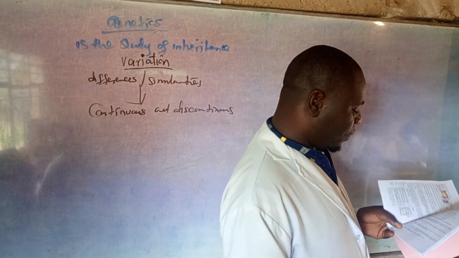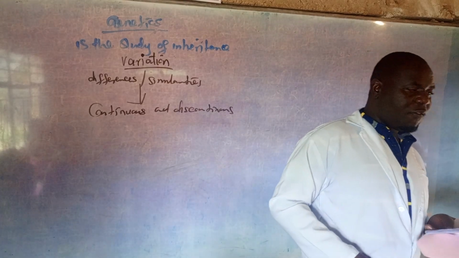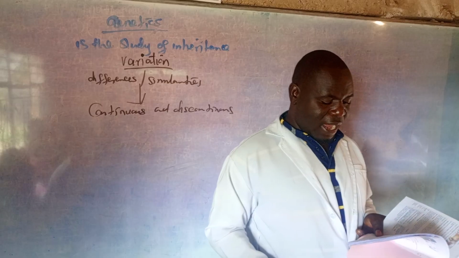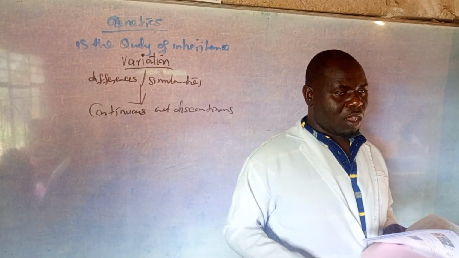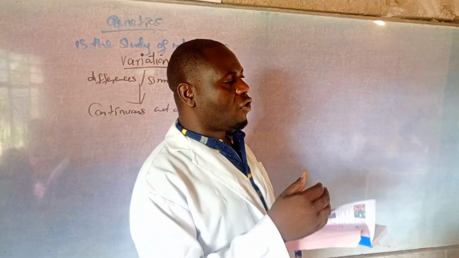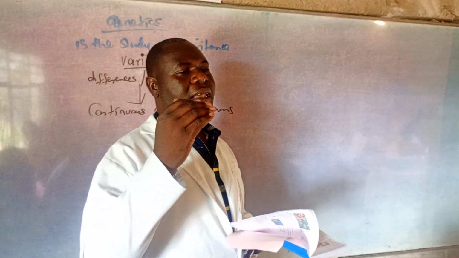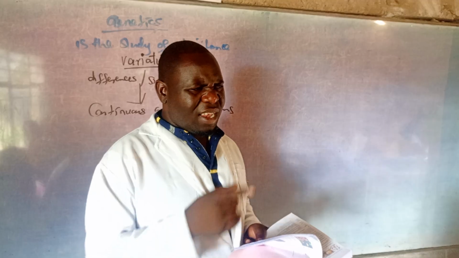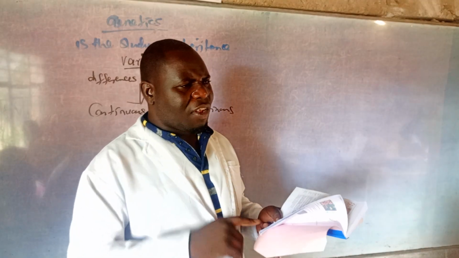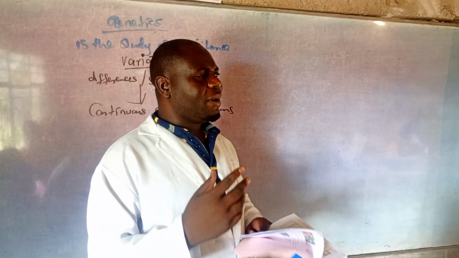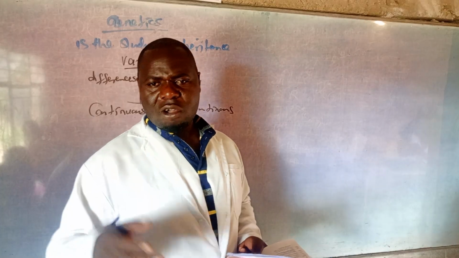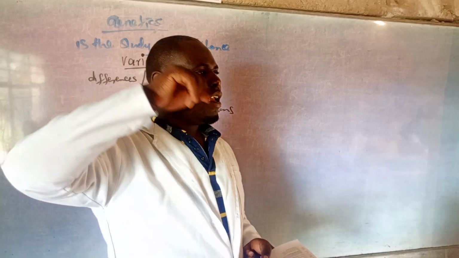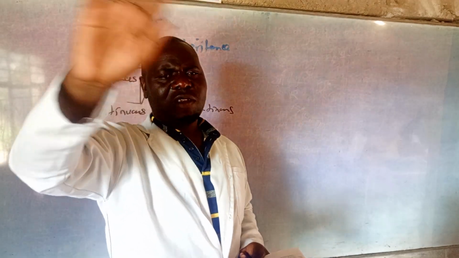Then the other factor: controlled by many genes, or controlled by many pairs of alleles, or polygenic control. Some people are controlled by many genes.